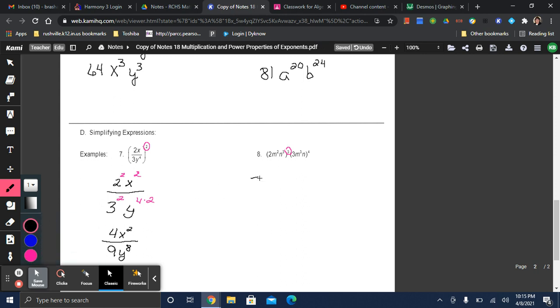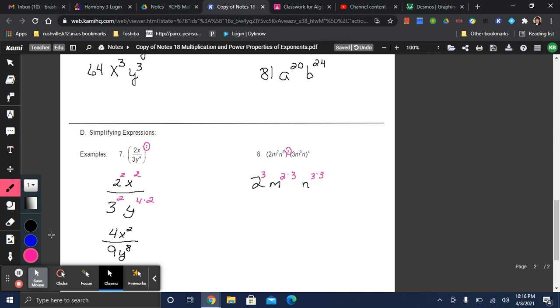You'll have your 2 with its power of 3. The m, which already had an exponent of 2, and that 2 will multiply by the 3 that's outside the parentheses, and then the n, which already had an exponent of 3, will also multiply by that outside exponent 3.